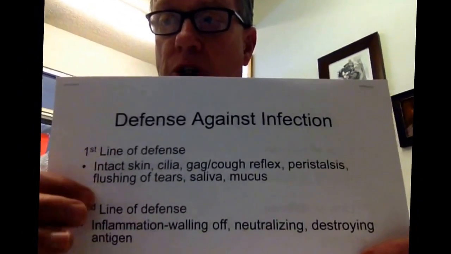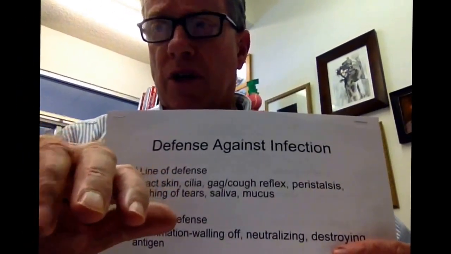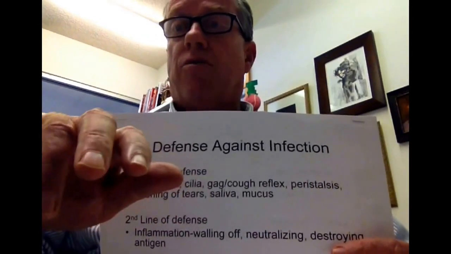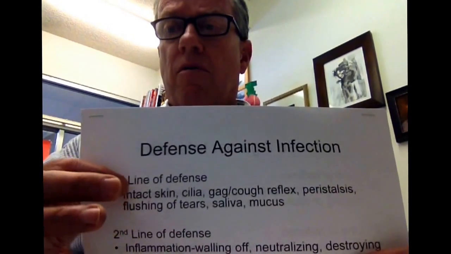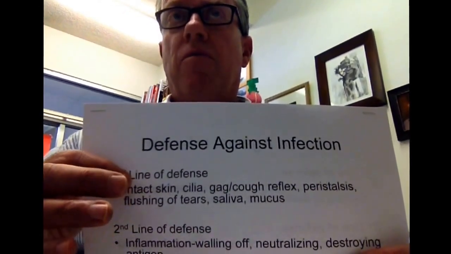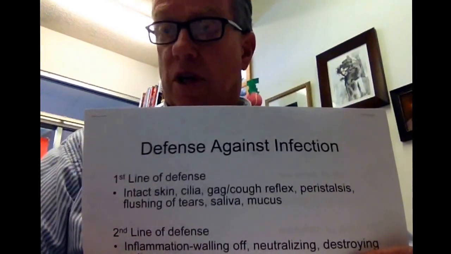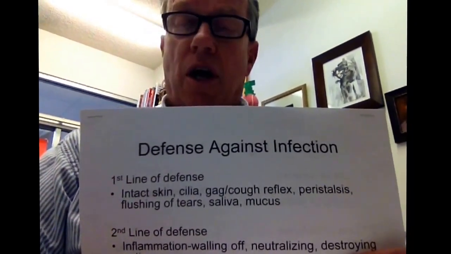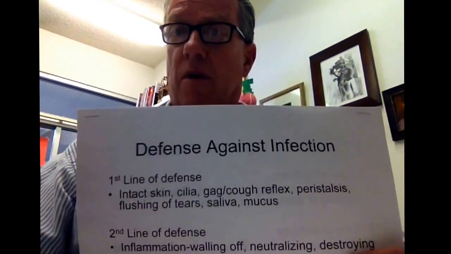Defense against infection, the number one is our skin barrier. Regardless, abrasion, incision, laceration, puncture, all of these make the organism vulnerable to an infestation or an injection of pathogens into the body.